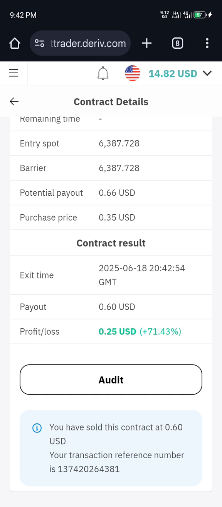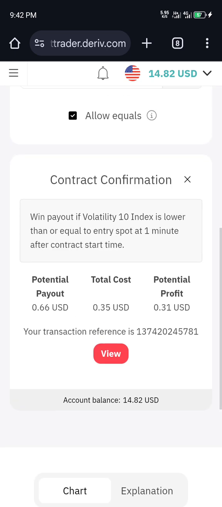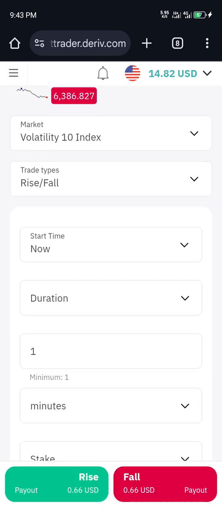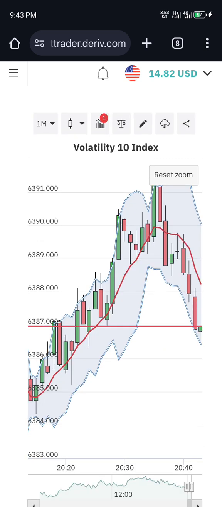We succeeded in selling it. You see, that's 0.35.